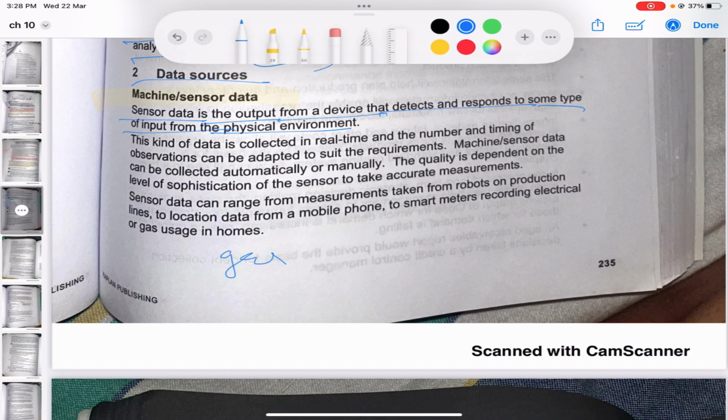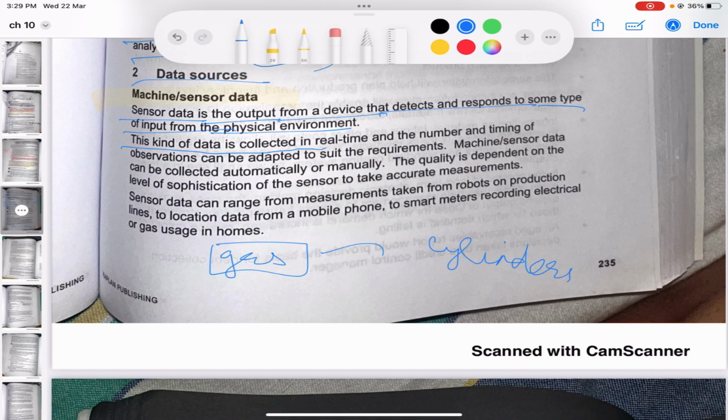We all have gas in our homes, right? We all have gas cylinders or gas pipelines, and you have meters on it. Those meters basically give you a number based on the sensor. So the sensor always reacts to the physical environment and comes up with a particular result or a number. So that is what they are talking about.